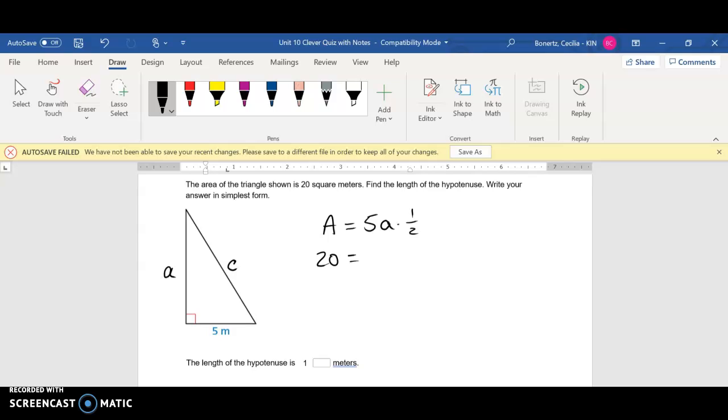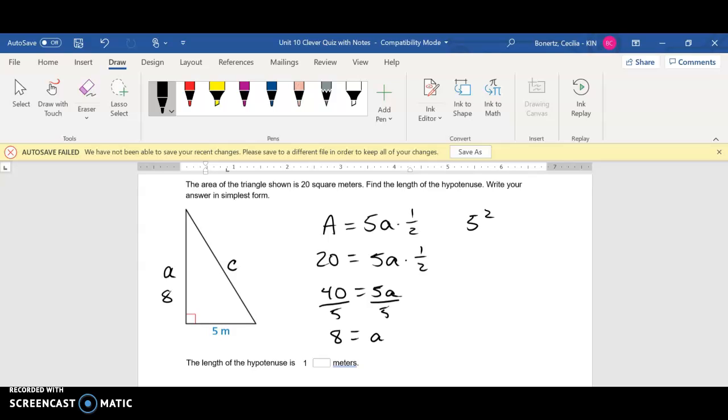So this is going to allow me to find A. So 20 equals 5A times 1/2. I'm going to multiply both sides by 2 to get rid of this 1/2. So I have 40 equals 5A, and then divide by 5. So A equals 8.